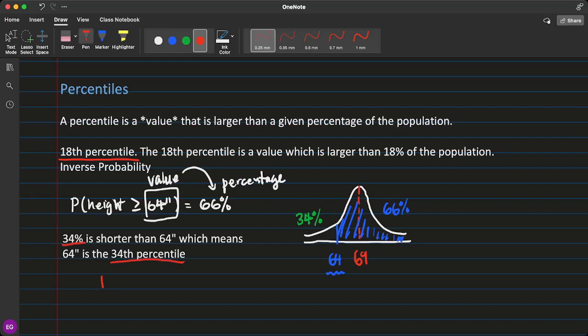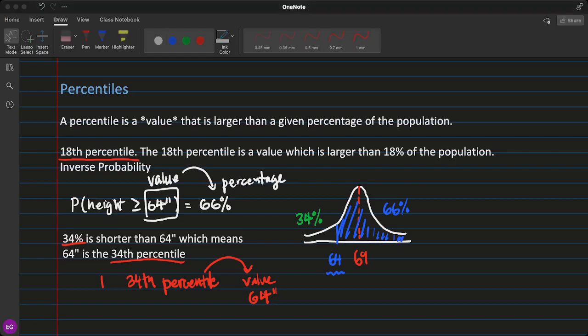I would tell you, hey, what's the 34th percentile? That's a percentile. And then you have to figure out a value that makes that true, which is, in this case, 64 inches. So I'll show you how to do this on StatCrunch. It's actually pretty straightforward. So let's switch over to StatCrunch.